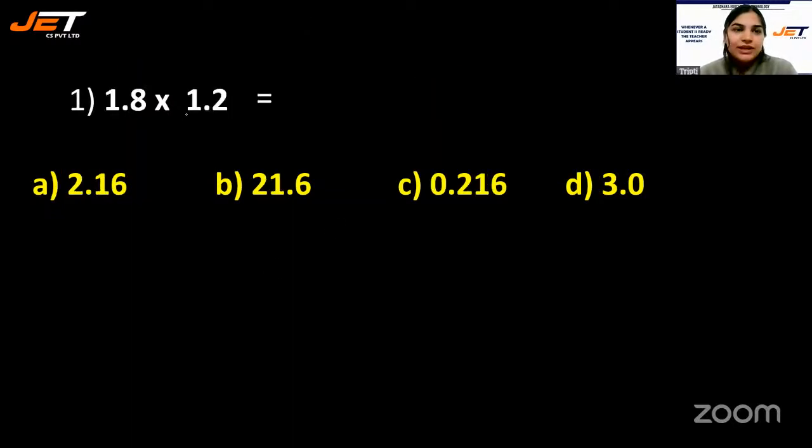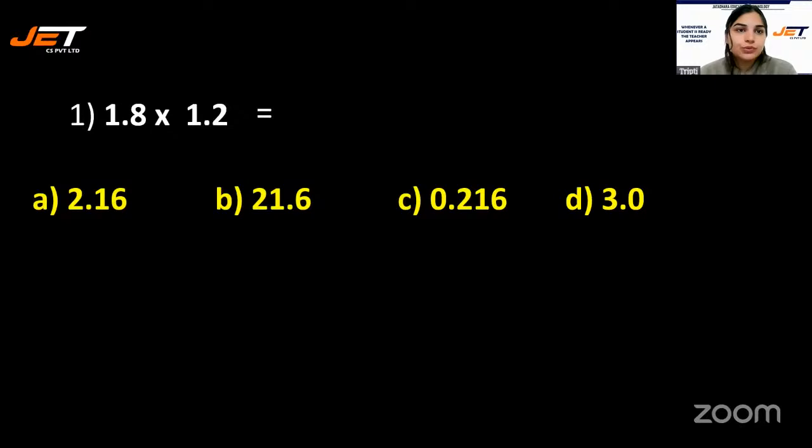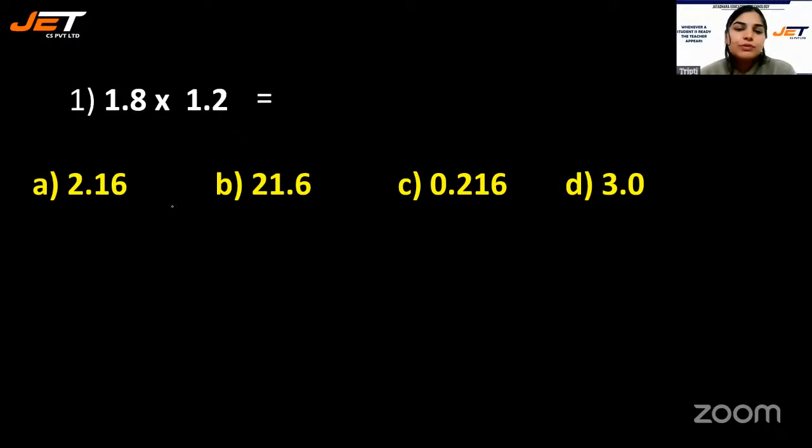Okay. Now 1.8 times 1.2. Before you do it, I'll tell you how many decimal places there are.